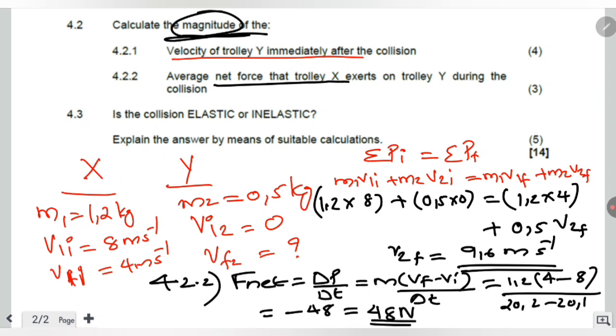And the last question, is the collision elastic or inelastic? Explain the answer by using a suitable calculation. To calculate whether the collision is elastic or inelastic, we must always look for EK before and EK after. Between elastic and inelastic collisions, momentum is conserved in both, but what is not conserved is kinetic energy.